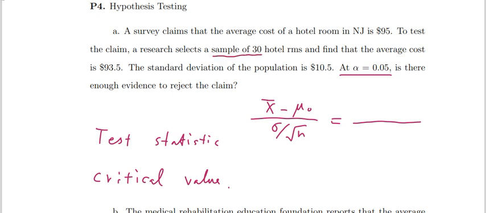Find the average cost results. So x bar is 93.5 minus, what is mu 0? Mu 0 should be 95, the average 95 claim, right? Yes, average 95. So this is mu 0.